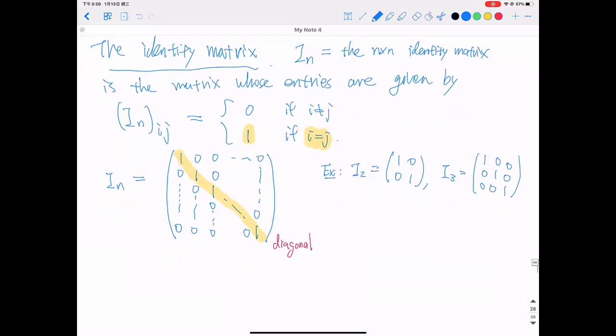Okay, now property. The word identity matrix is identity for something, right? I_n is the multiplicative identity for n by n matrices.